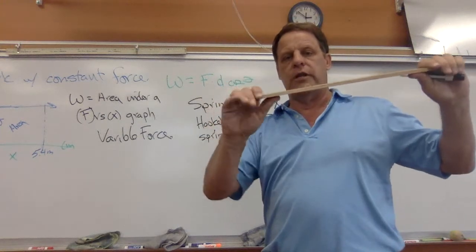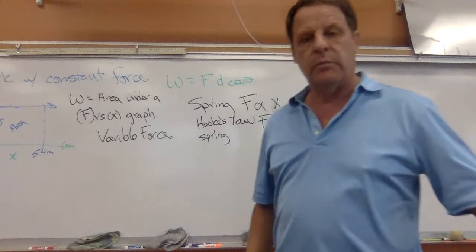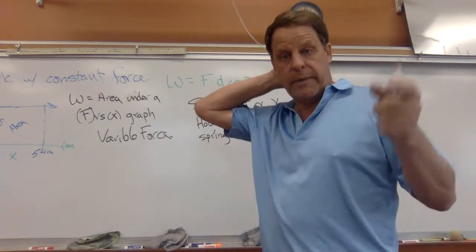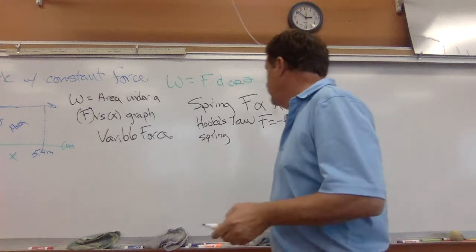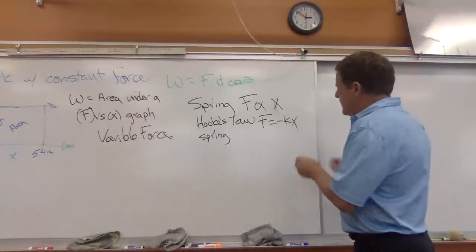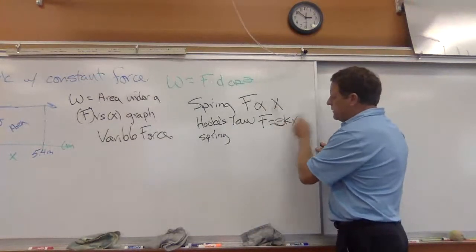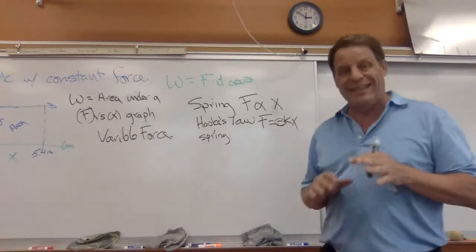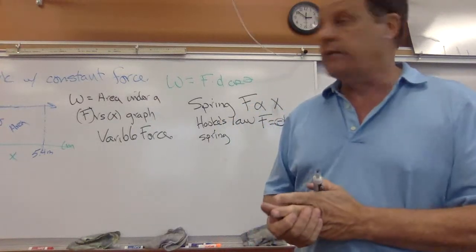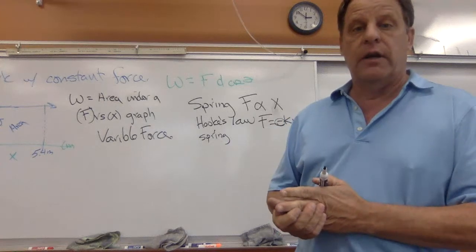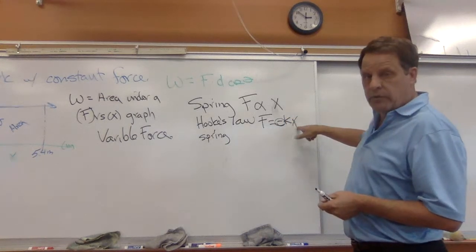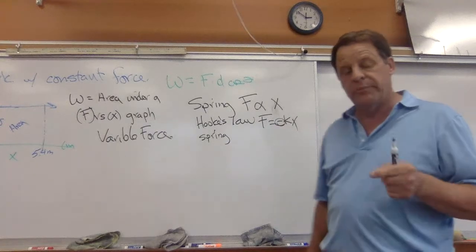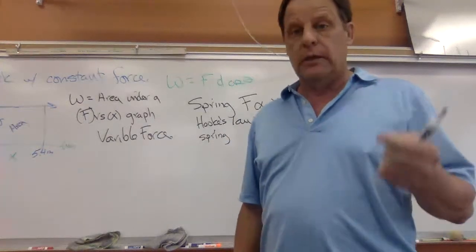And if we bend it down by, let's say, 1 centimeter, it will have a proportionate amount of force to make it curve down. Now this negative here, the k is never negative, but the force is always going to be in the opposite direction of displacement.